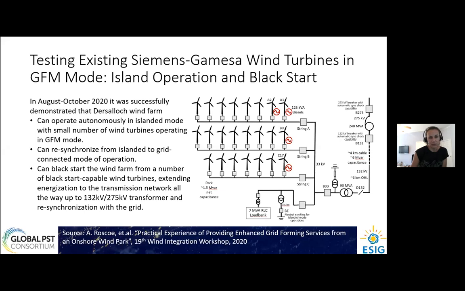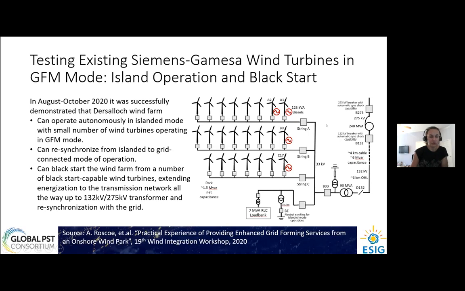These 4 diesels would power up wind turbine auxiliaries, and then these 4 turbines in grid forming mode were able to energize the entire wind farm, the 33 to 132 kV transformer, the 132 to 75 kV transformer, and all the way to the 275 kV line breaker that connects the wind farm to the rest of the grid.